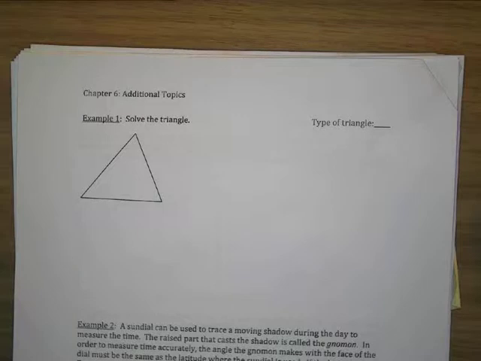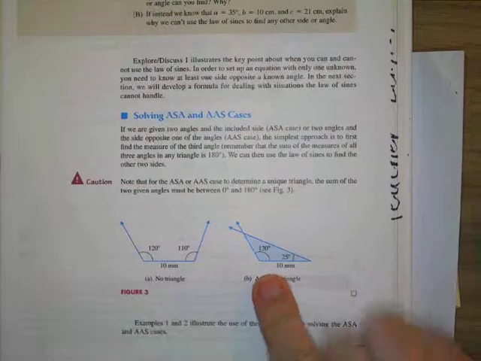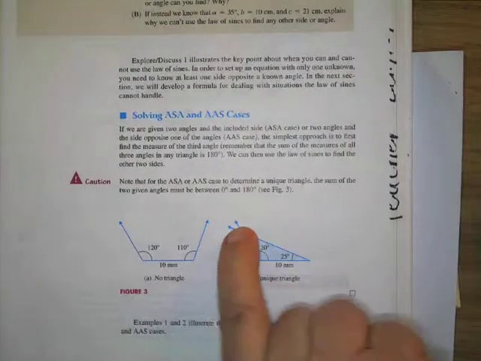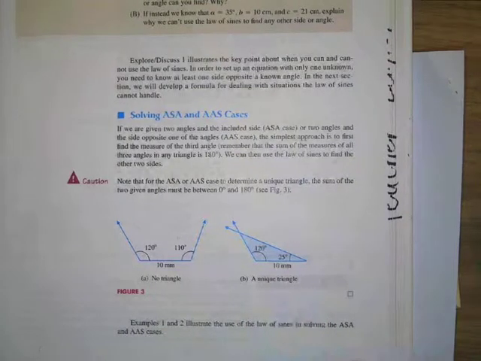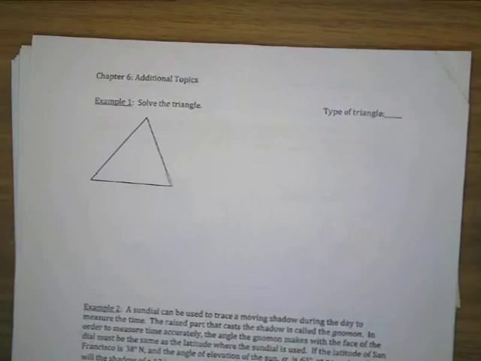All your angles have to be between 0 and 180, and they have to add up to exactly 180. And the other picture is showing that your side lengths also have to meet up at a vertex. Otherwise, you're not talking about a triangle. It's not going to work. Just a reminder from geometry of what we're allowed to do.